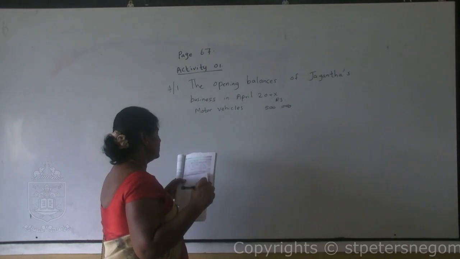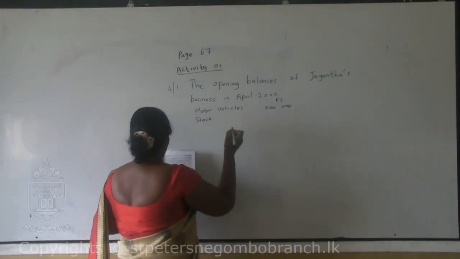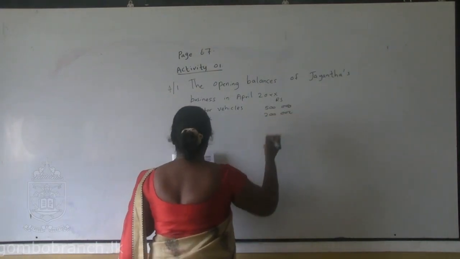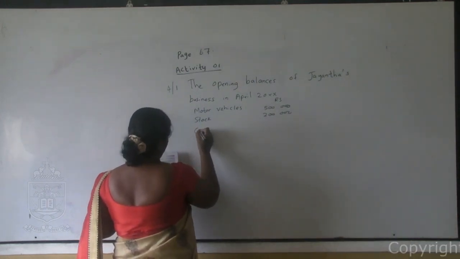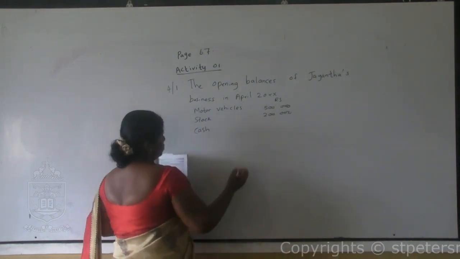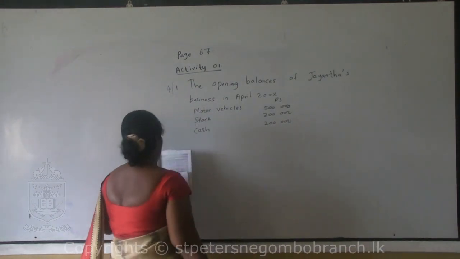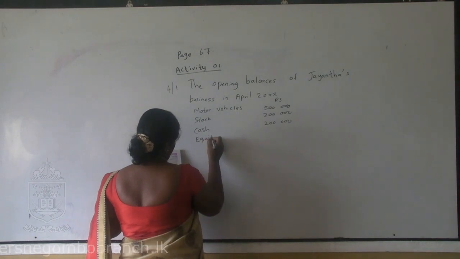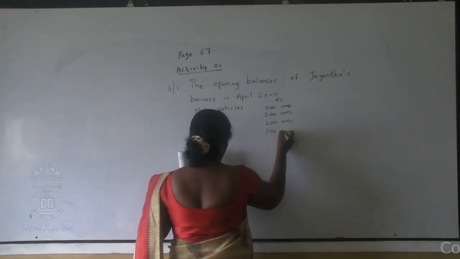Next balance, stock, 200,000. Another balance you have been given, cash, 200,000. Equity, 700,000.